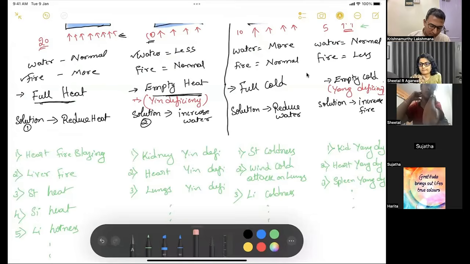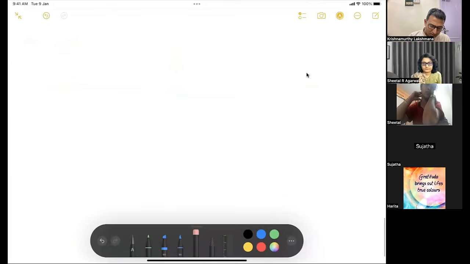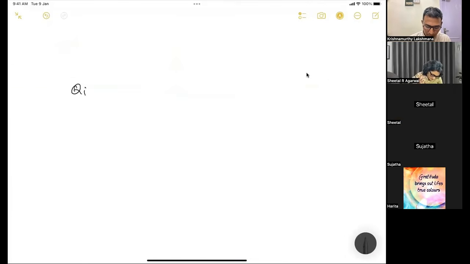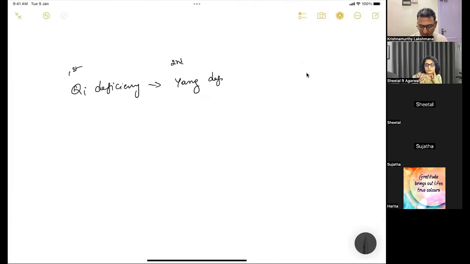Yeah, generally they will first have qi deficiency, and from there, it is not necessary at all times, I'm just giving you a very brief thing, they can have yang deficiency. So third, they can have yin deficiency.